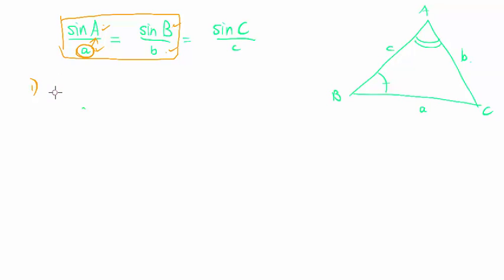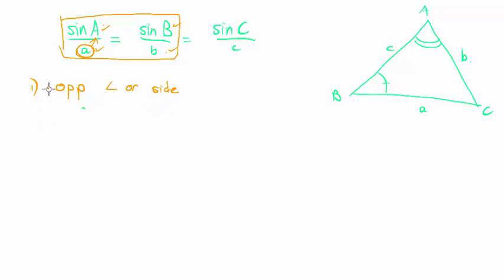I'll use the sine rule if I'm looking for a side length, then I want its opposite angle, or the other way around. So either I must have the opposite angle or the opposite side, depending on what I want.